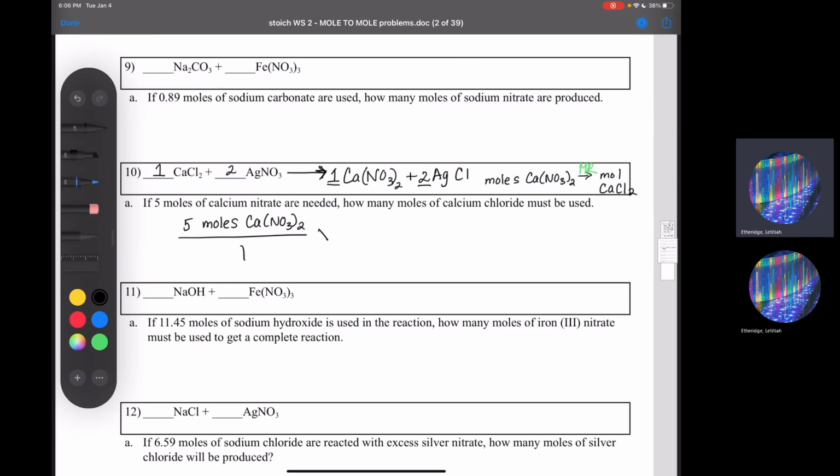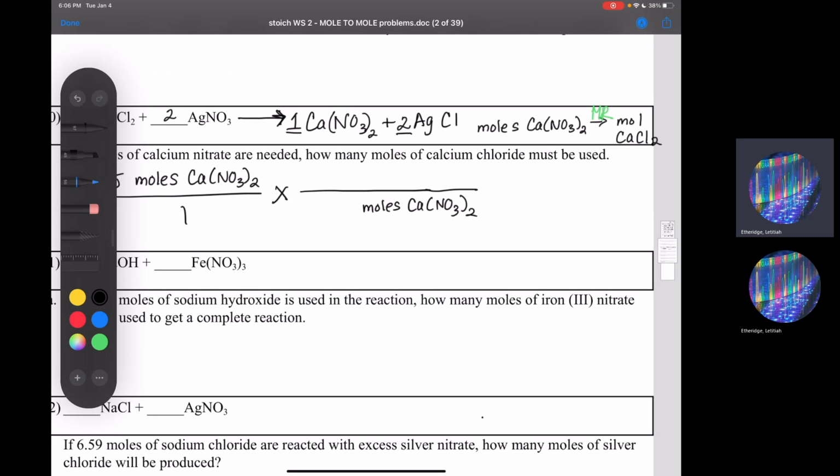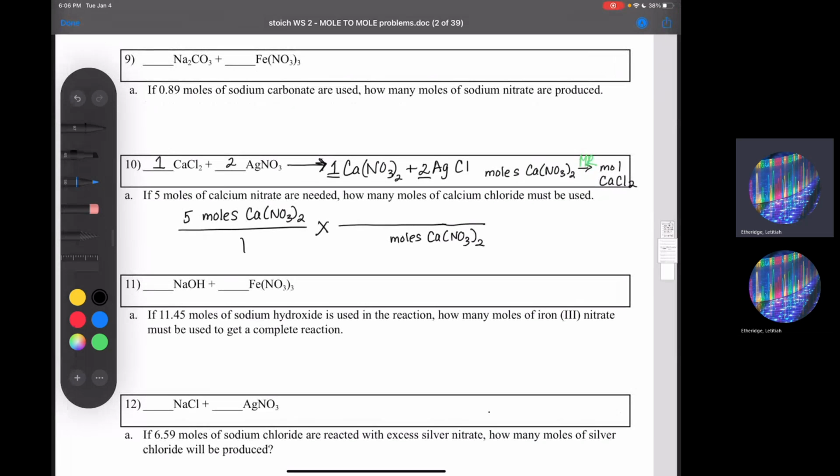Remember, put it over 1. Now you have moles of calcium nitrate in the numerator. That means you need moles of calcium nitrate in the denominator. And you are going to have moles of calcium chloride. Okay, so check your coefficients.